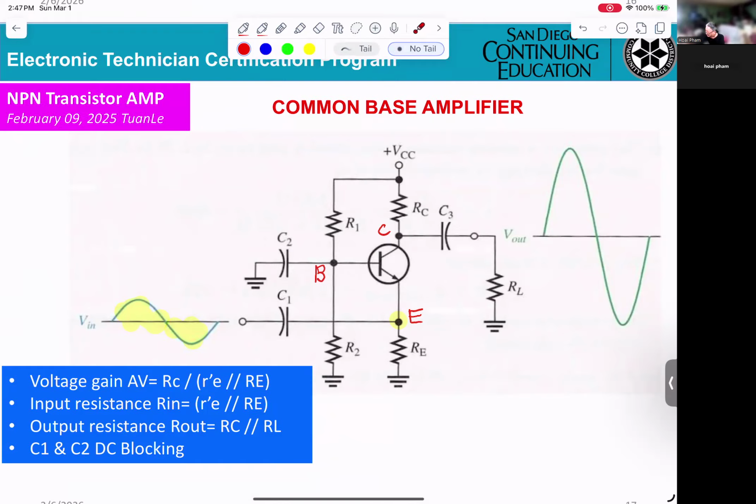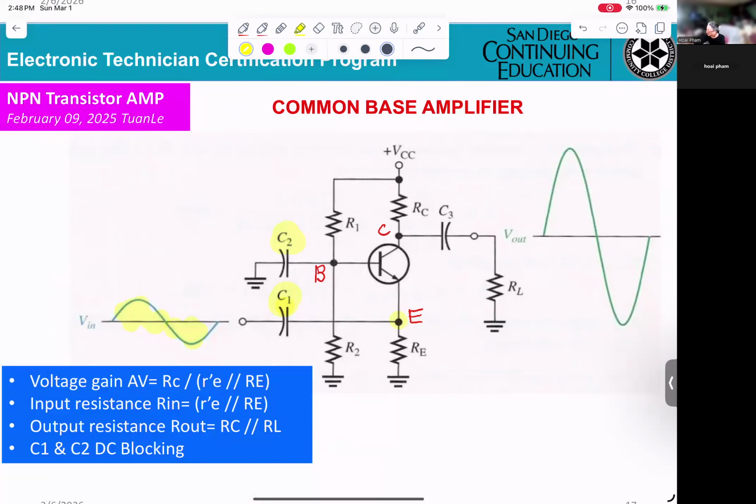Okay, input resistance RE equals R prime E parallel R big E. Output resistance R out is RC parallel RL. C1, C2, C1 here are DC blockage, AC coupling, C2 the same thing.